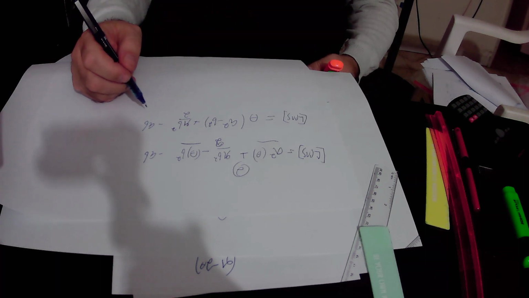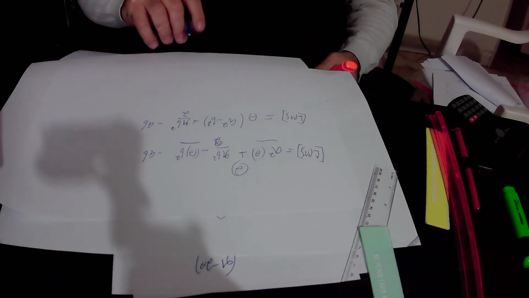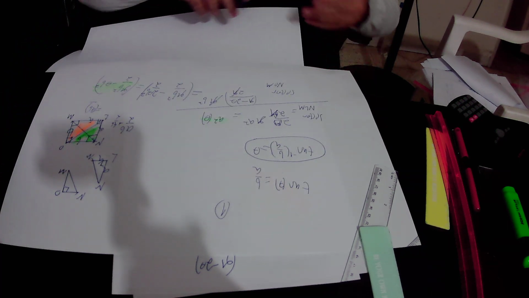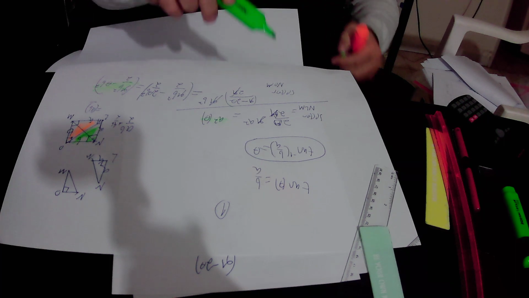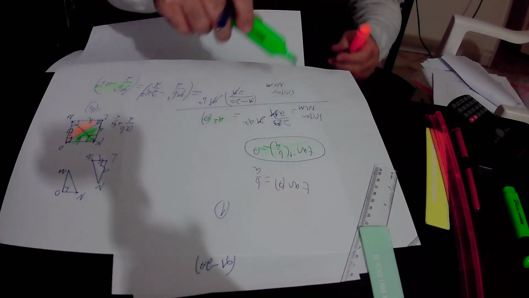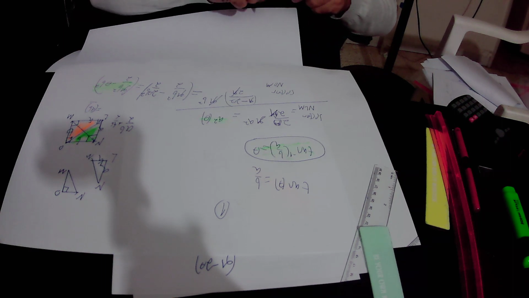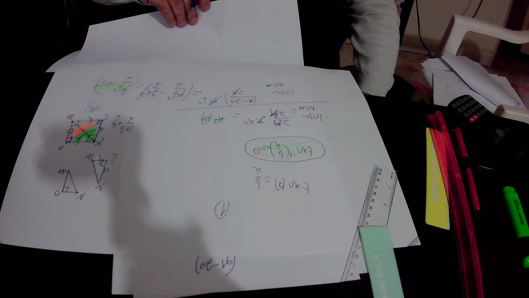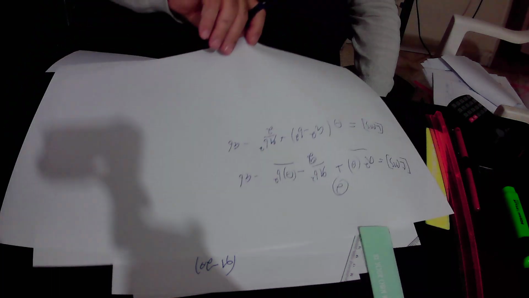But we have already found out that theta equals tangent minus 1, that is the inverse function of tangent, b over a. So we can substitute theta by tangent minus 1 of b over a.